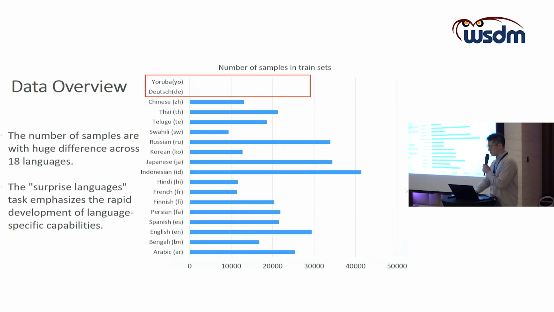We can see from the figure that there is a very notable difference across the 18 languages. Therefore, we believe that transferring knowledge from data-rich languages to those with limited data is crucial for achieving high performance in this task, especially for the surprise language track.